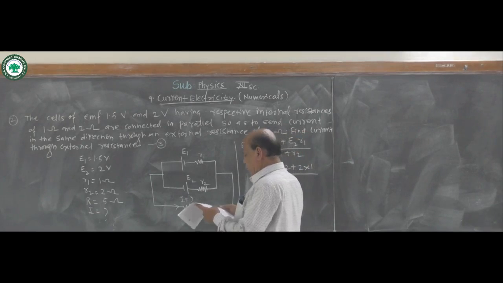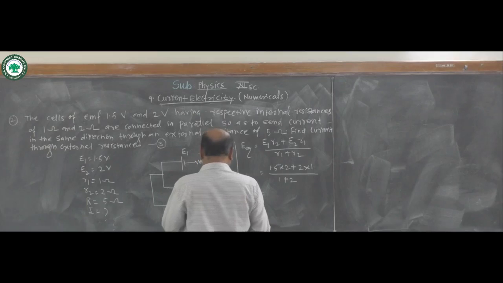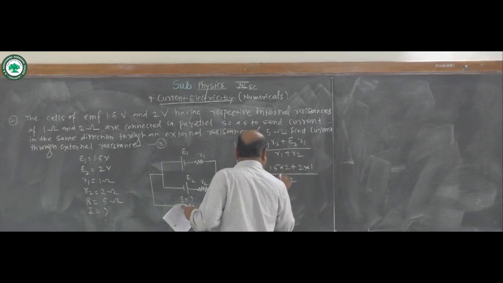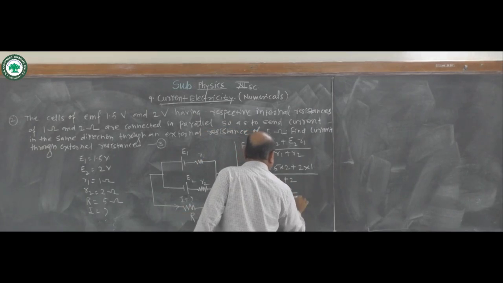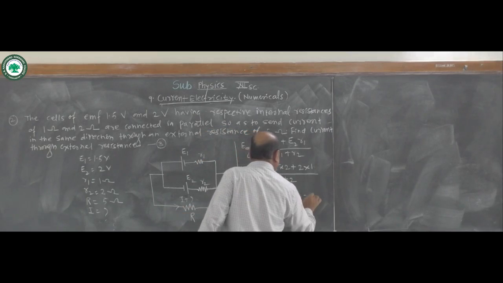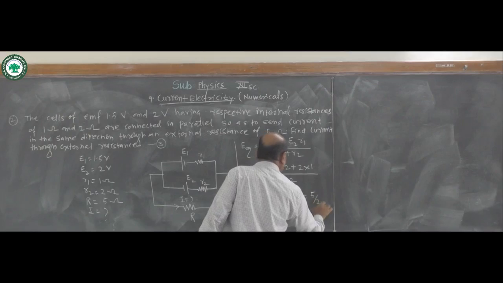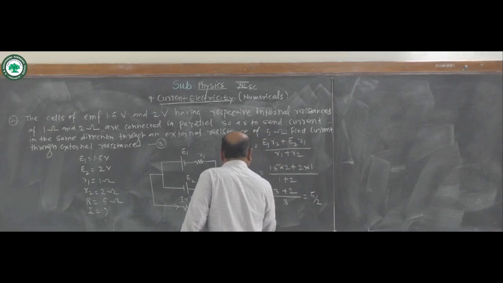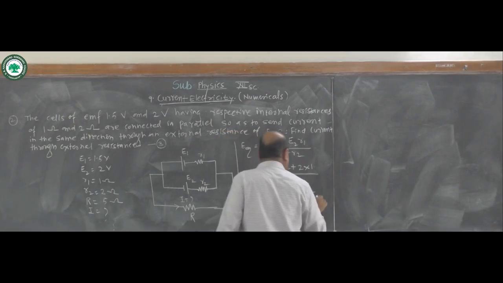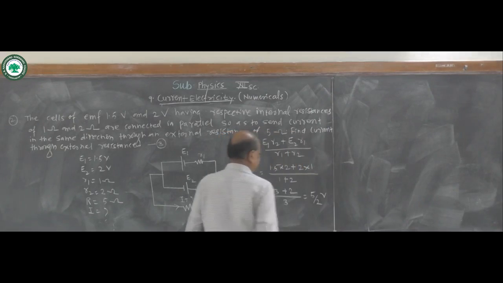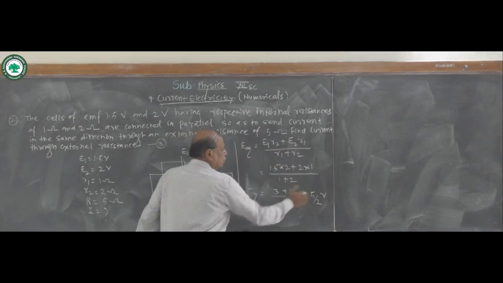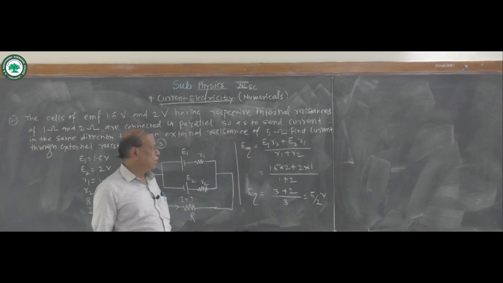Now calculating, it will be 3 plus 2 divided by 3, which is equal to 5 by 2. This is E equivalent in volts. E equivalent is equal to 5 by 2 volt here.